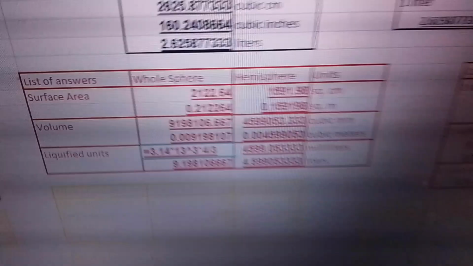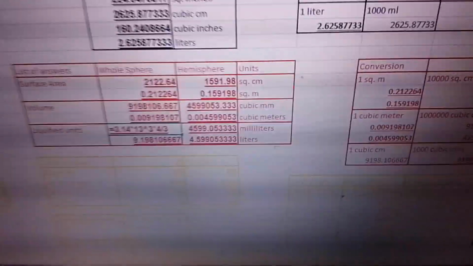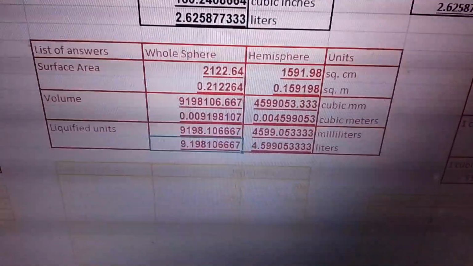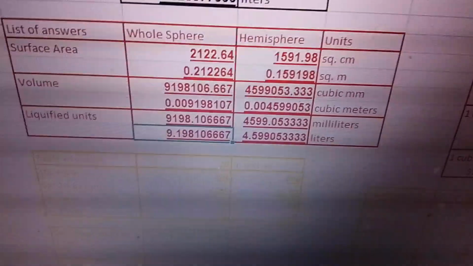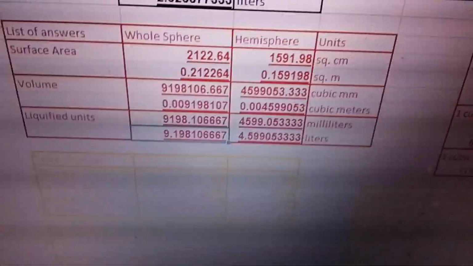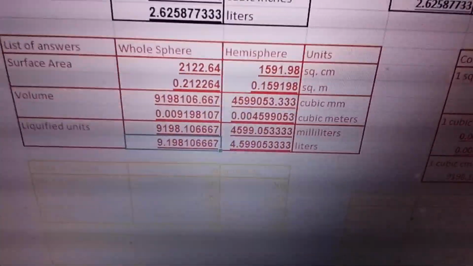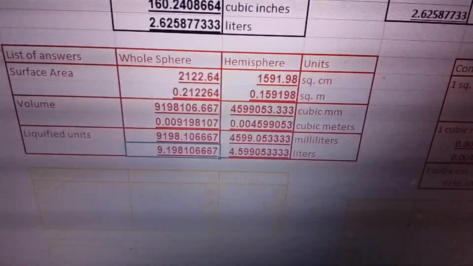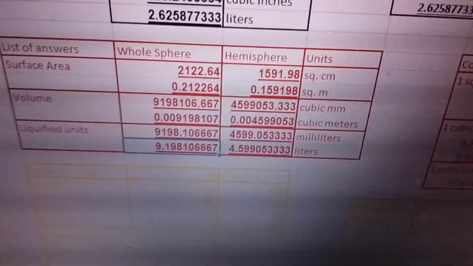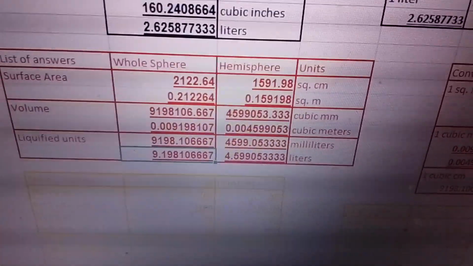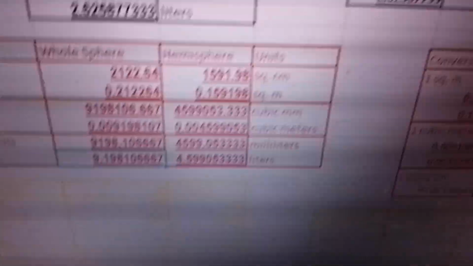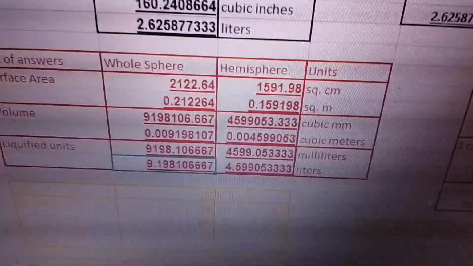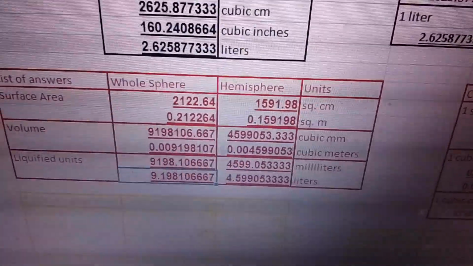And the answer we get should be, yes, normally we're supposed to get 9,198 cubic cm. That's convert to milliliters.